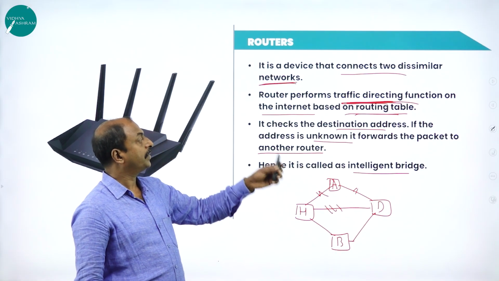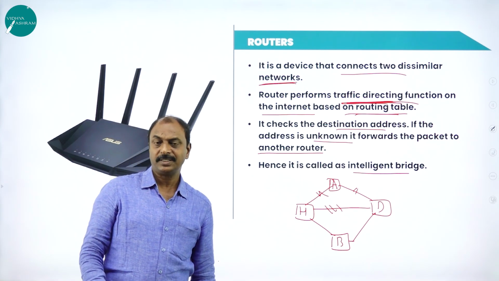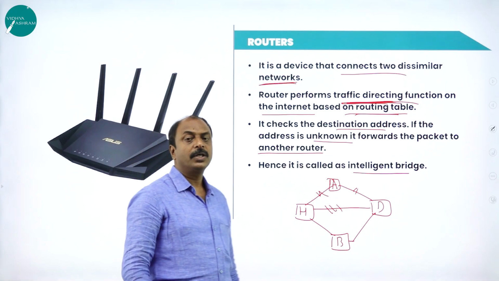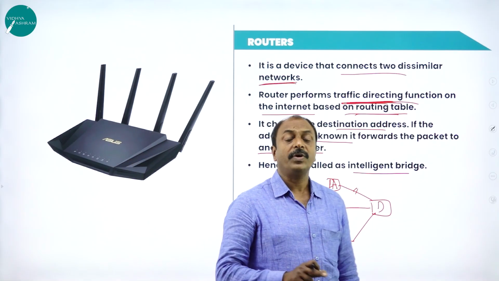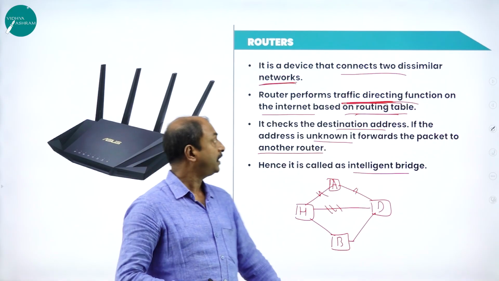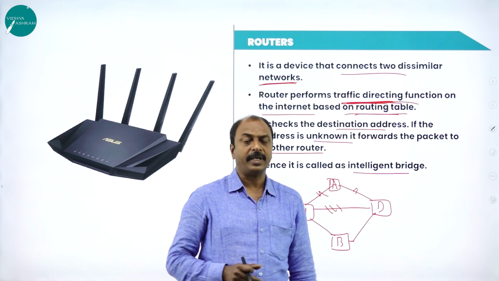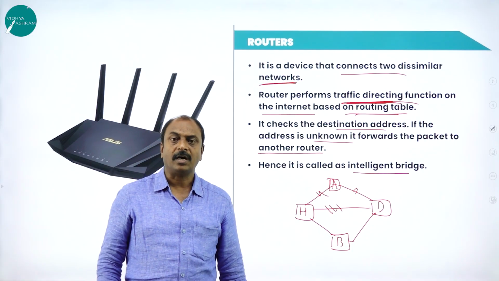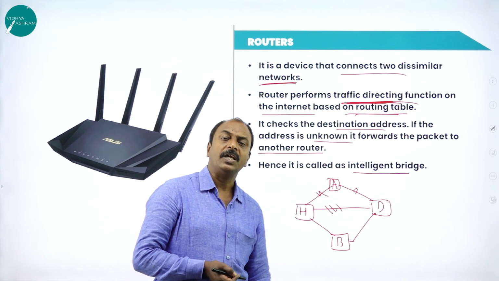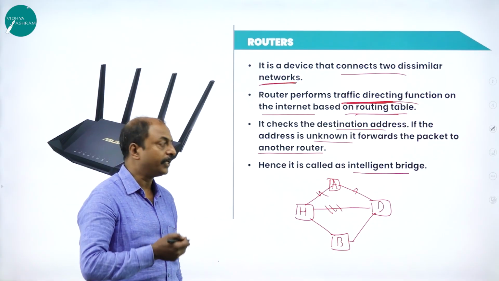So this is about a router. We can summarize what a router is. It is a hardware device used to connect two dissimilar networks, whereas a bridge connects two similar networks. Another function is traffic directing, meaning it decides the best path between the host and destination if there is more than one alternative path.